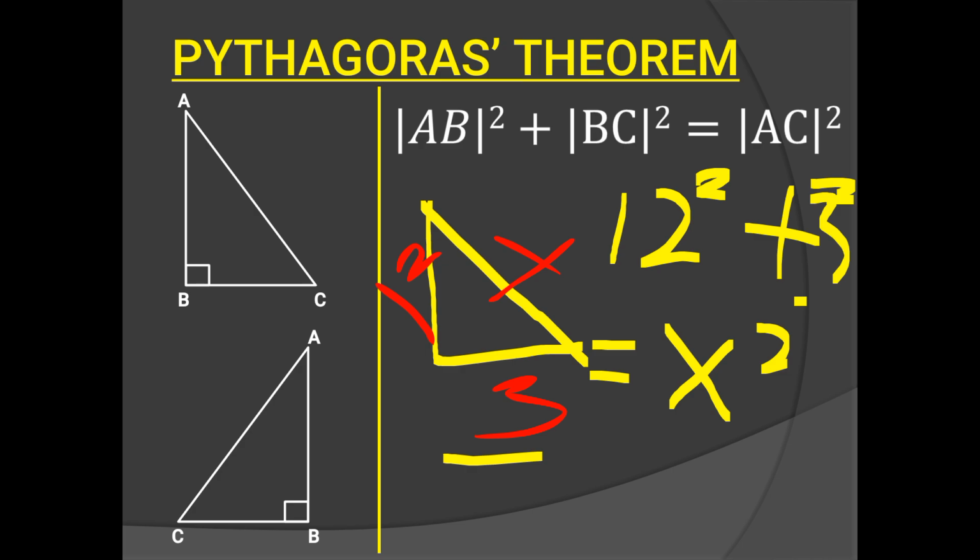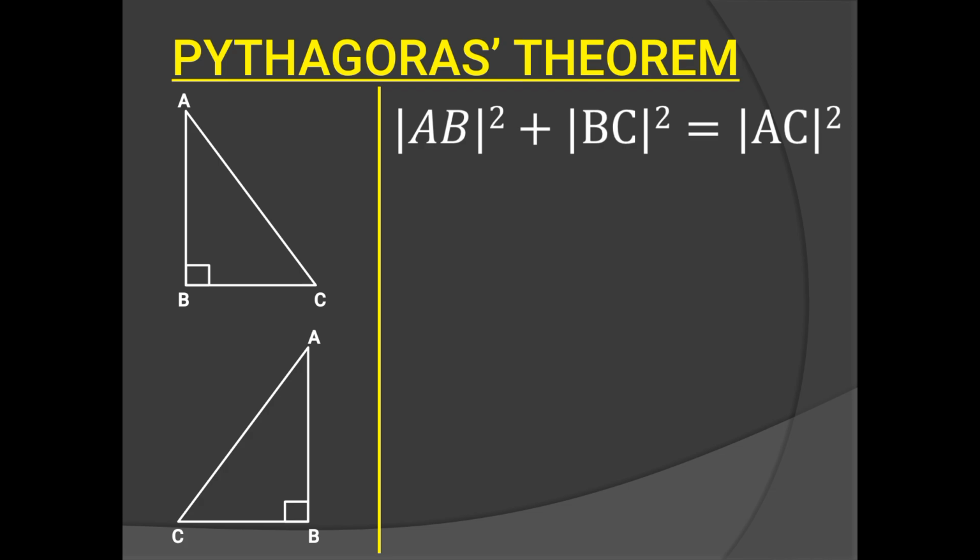So over here, 12 squared plus 3 squared equals x squared. Now what does it become? 12 squared is what? 144.